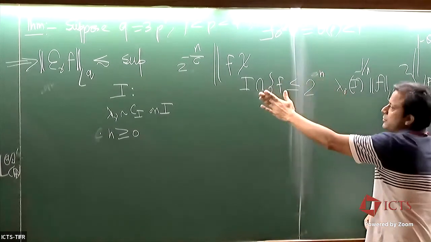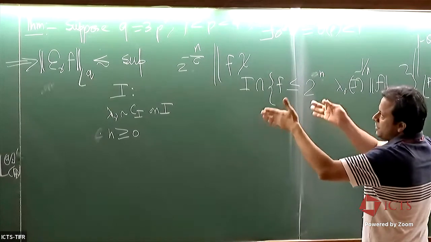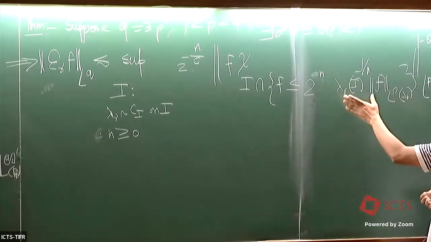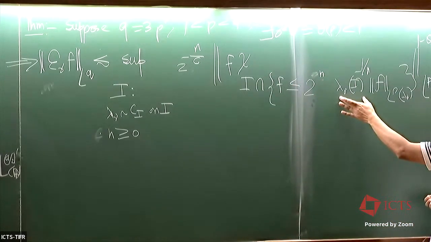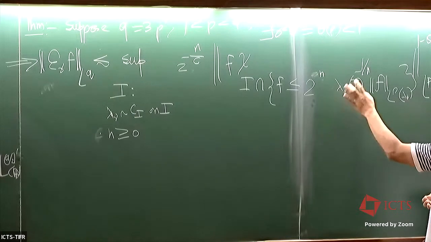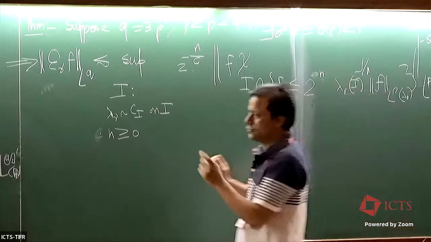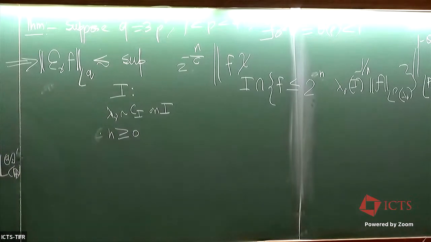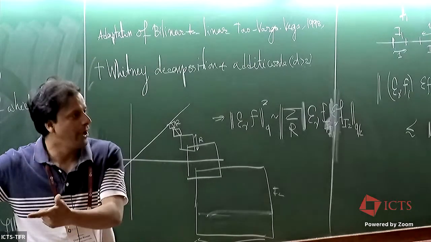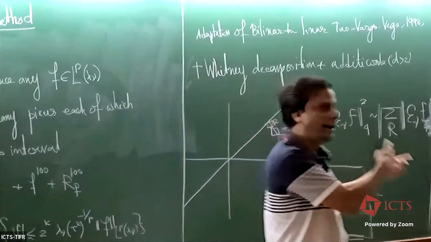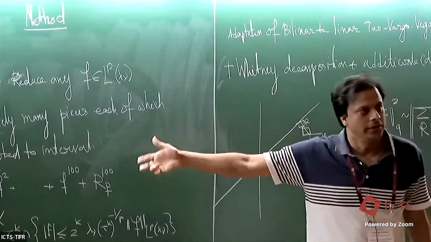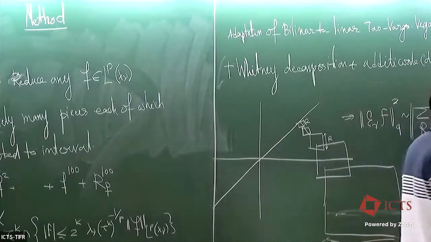So if f is on this interval, f is about 2 to the power n times the length of the interval to the power minus 1 over p. And that's how, so if you look at the first interval which maximizes the inequality, and take that to be F1, subtract F1 from F, and apply the same procedure again and again. And that's how we get these decompositions, F1, F2, and F3, and so on.